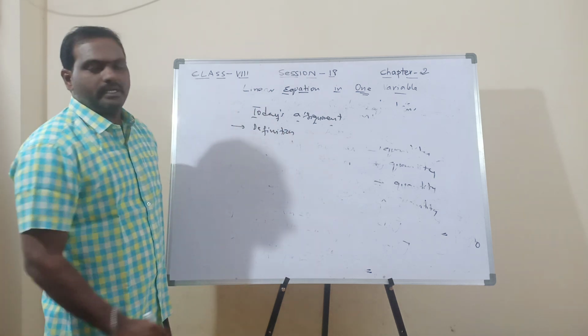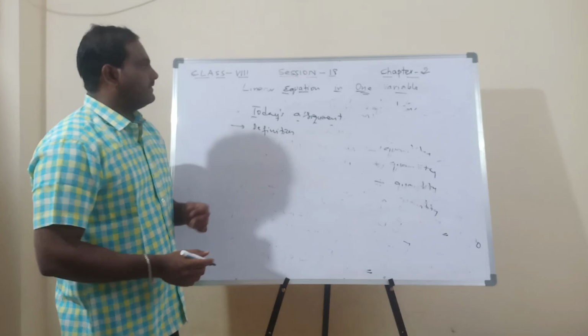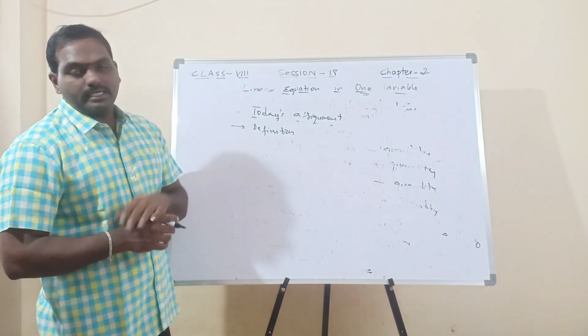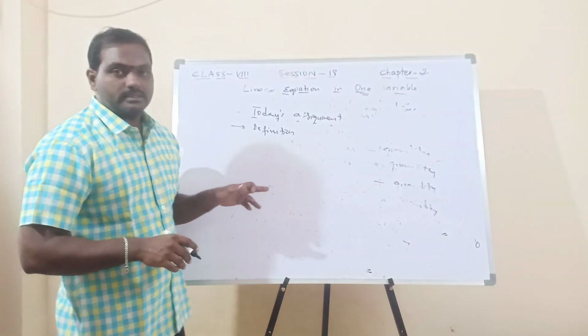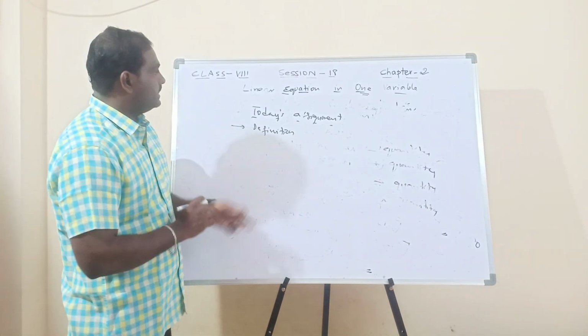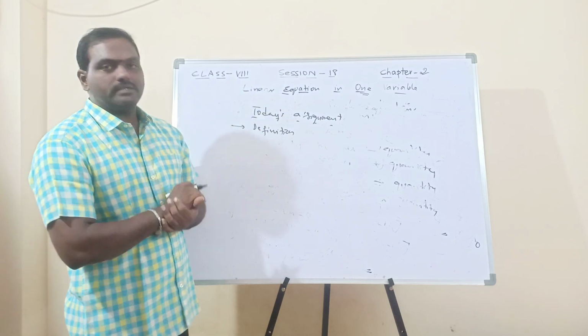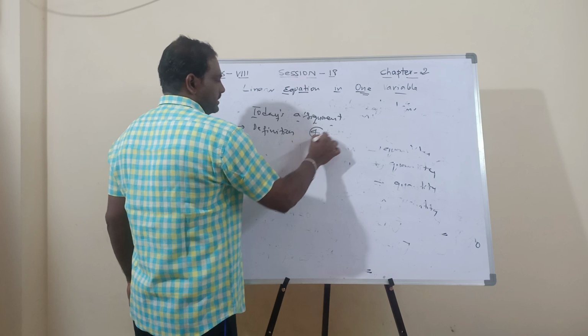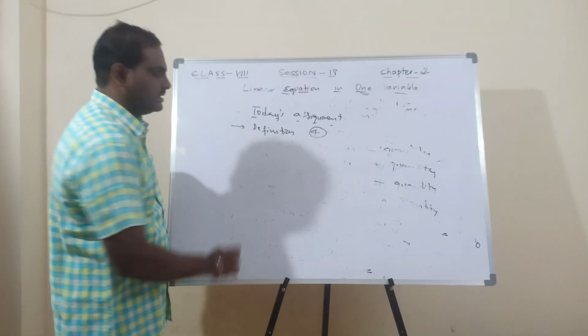I think I have given four definitions: equation, linear equation, degree, and the definition of linear equation in one variable. You have to write all four definitions.